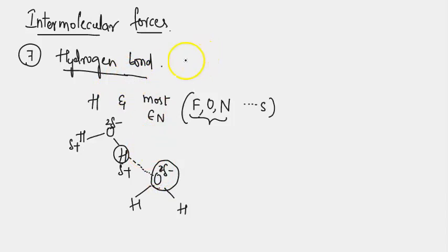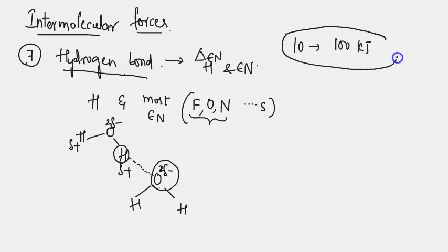The strength of the hydrogen bond depends upon the difference in electronegativity between hydrogen and the electronegative element with which it shows the attractive forces. The energy varies between 10 kilojoules and 100 kilojoules per mole of a substance.